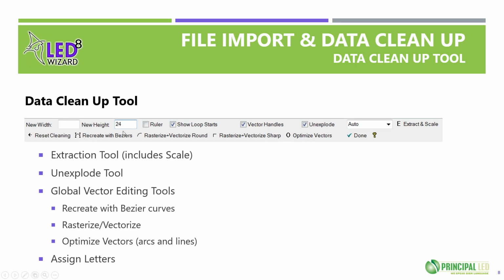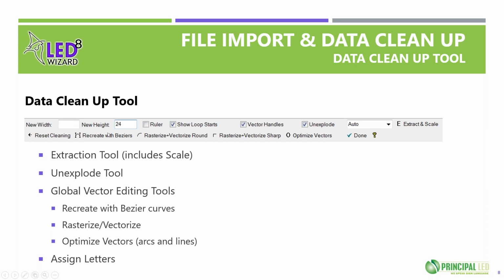Basically, once you extract that file and you can see it scaled to the correct size, you actually see all the vector points, which is what the vector handles option is. You can look at that file and say, okay, I want to recreate with Bezier curves, or I want to rasterize and revectorize it, or I want to use optimized vectors.